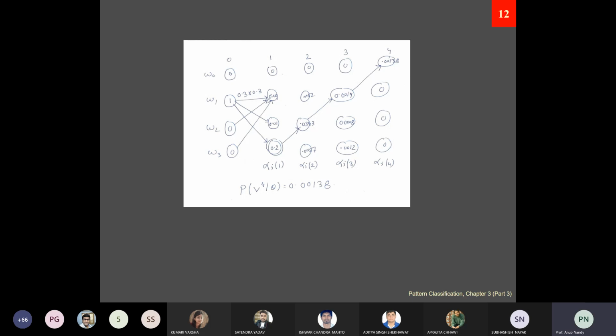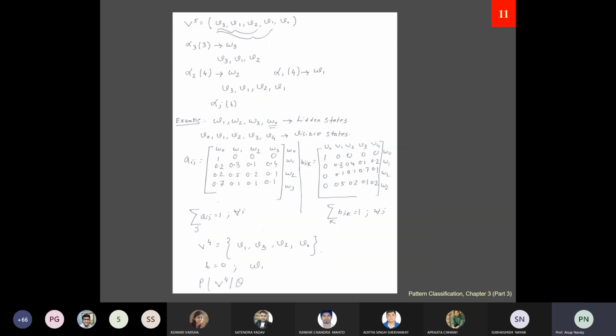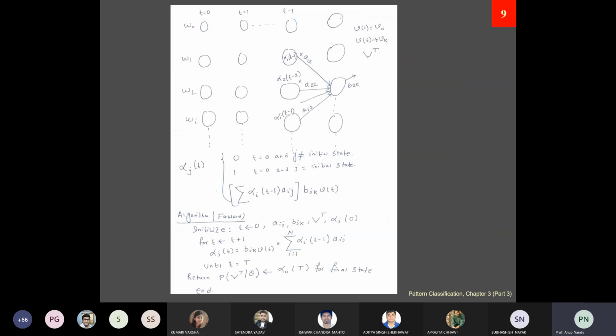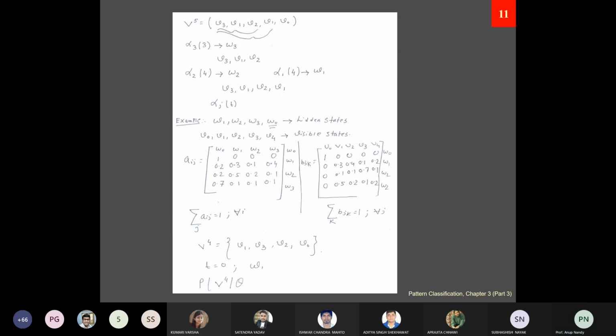Then finally you end up with 0.0013. So that is what we have computed, the probability of V4 given theta. Here you have V1, V3, V2 and V0, and you have to start at t equal to 0.